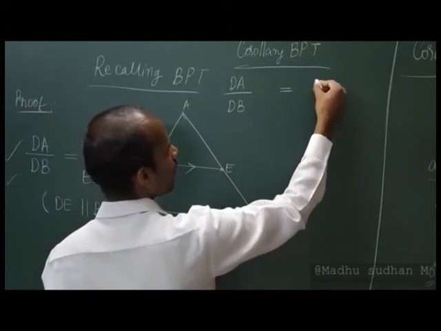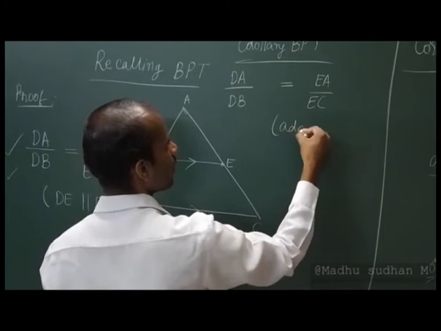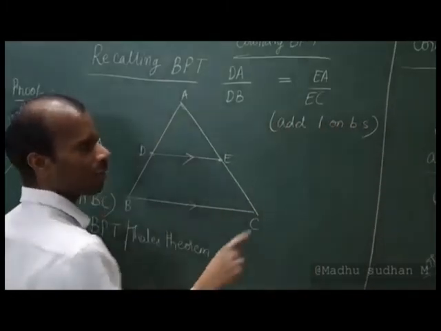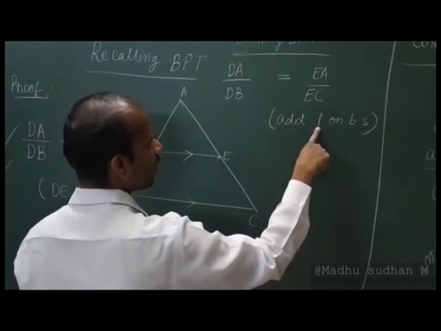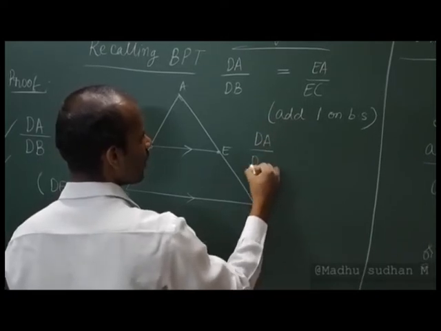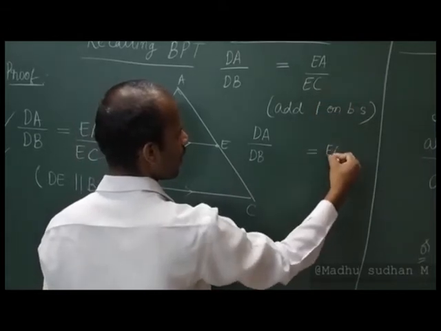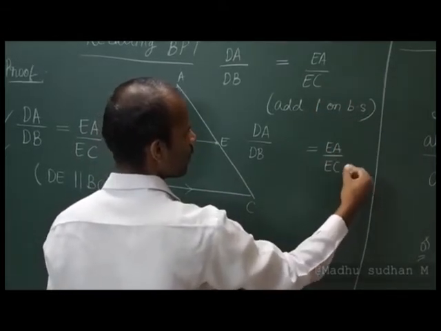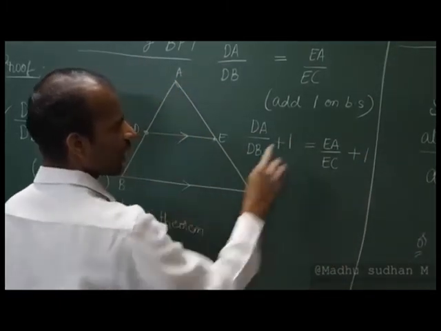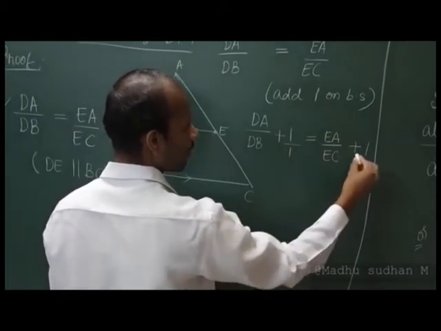Now add 1 on both sides. Why am I adding 1 here? Because further you will get to know. DA by DB plus 1 is equal to EA by EC plus 1. Understood as divided by 1, the denominator is 1 here.